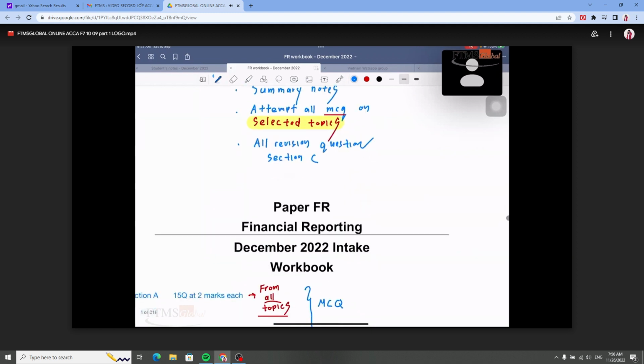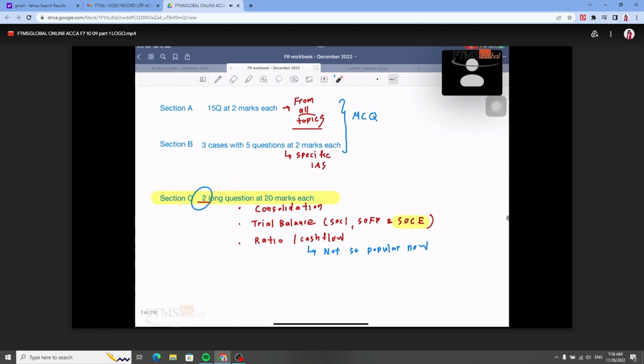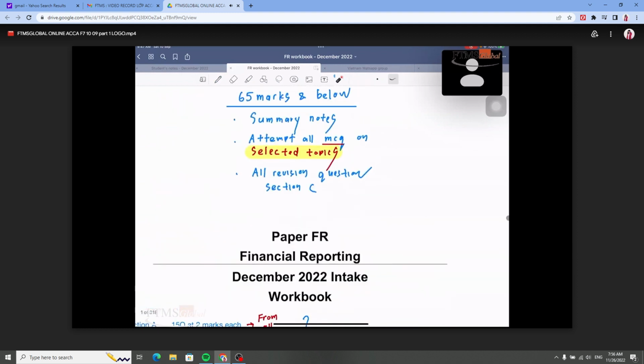So for these 3 questions, I will give you 10 questions each for you to do. All revision questions, section C. So that's about 30 questions.